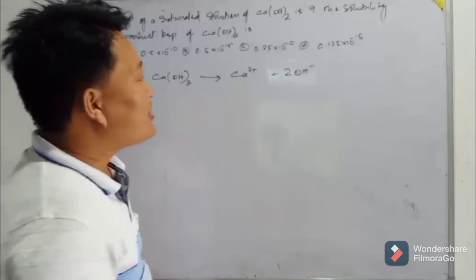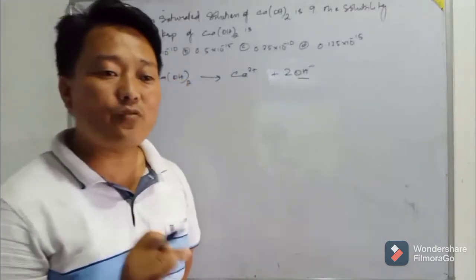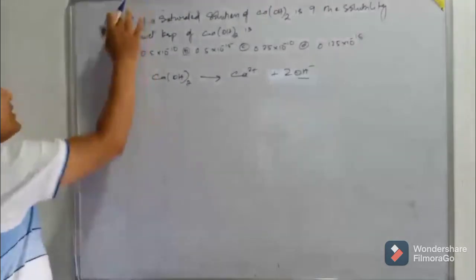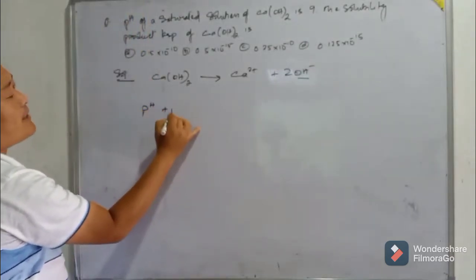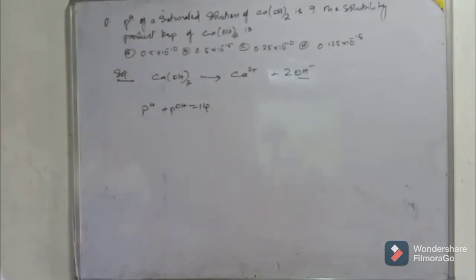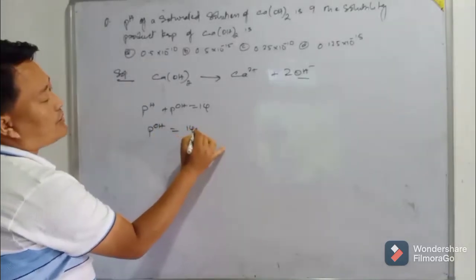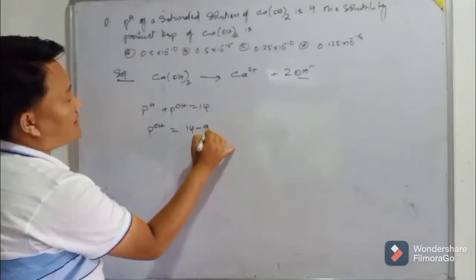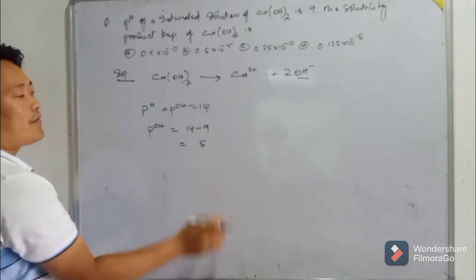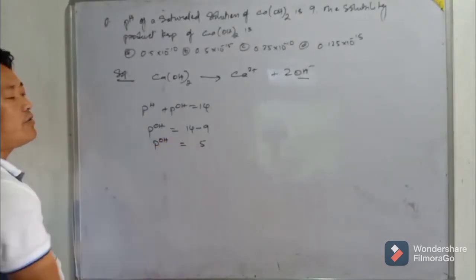Now see, first we have to find the concentration of OH, and for that, pH. Since pH plus pOH is equal to 14, then pOH is equal to 14 minus 9, which is equal to 5. So pOH is equal to 5.